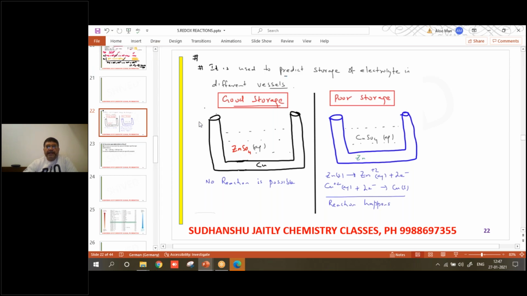Now the next application, it is used to predict storage of electrolyte in different vessel. See son, think logically, if we tell you to store something, should there be any reaction between the item you have stored and the vessel? For example, you are told not to store pickles, jams, jellies in metal vessel.